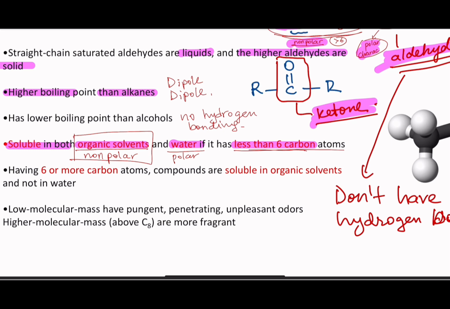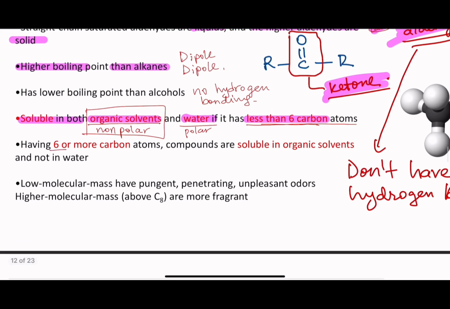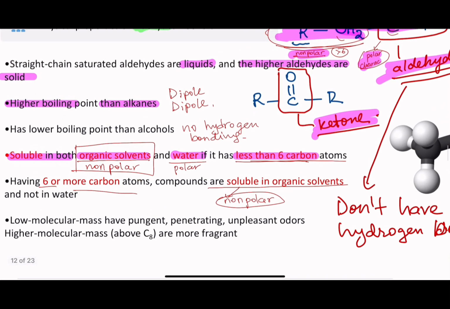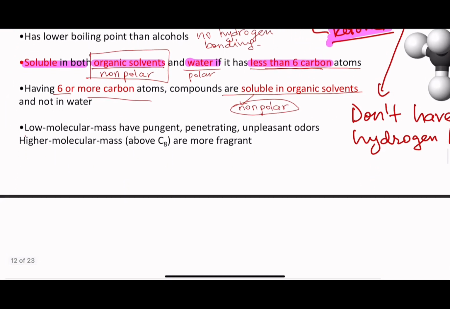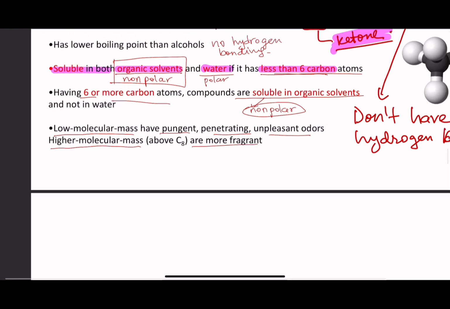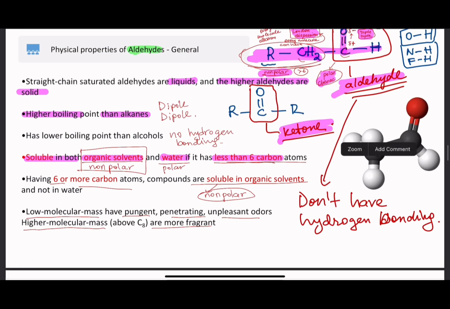Having 6 or more carbon atoms, compounds are soluble in organic solvent, because such a long chain of carbons makes it nonpolar. Low molecular mass aldehydes have pungent, penetrating, unpleasant odors. High molecular mass ones are more fragrant. This is just additional information, so don't worry too much about it.